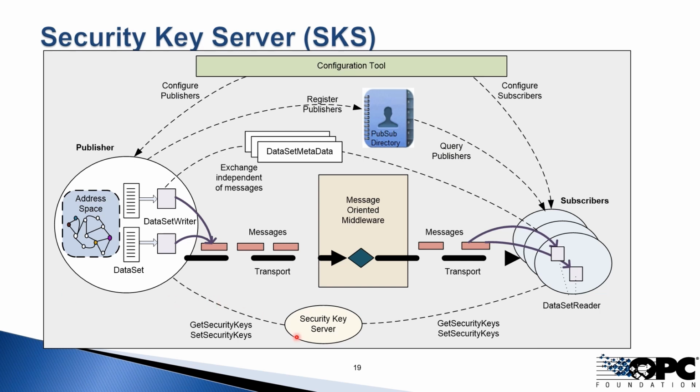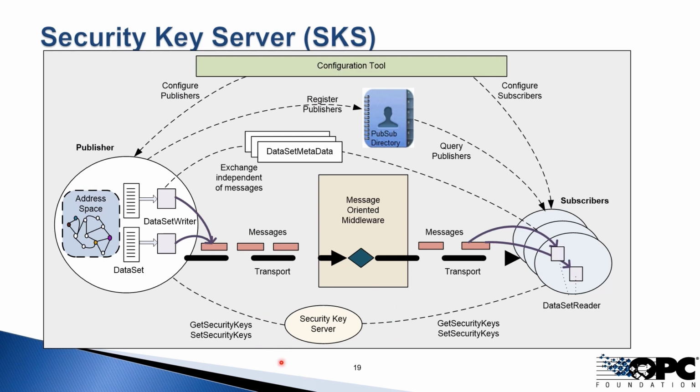The good news here is PubSub is set up in a way that when you attempt to find the security key server and the location of it, it pretty much directs you to its location no matter where it is.